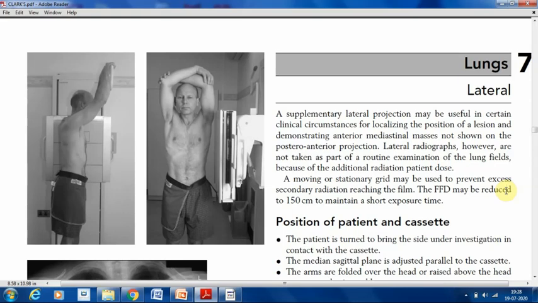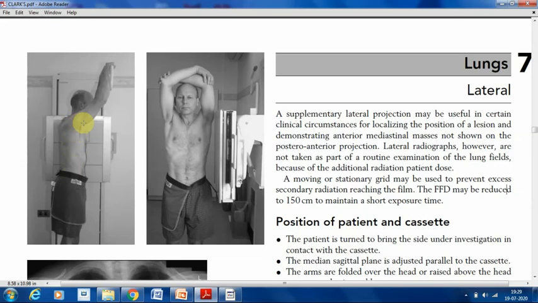You can see in the image, the patient will be in a standing position. The mid sagittal line will be parallel to the cassette. Both arms are flexed and kept on top of the head, so that we can avoid the arms overlapping the chest area. Here you can see the mid axillary plane or coronal plane will be perpendicular to the cassette.